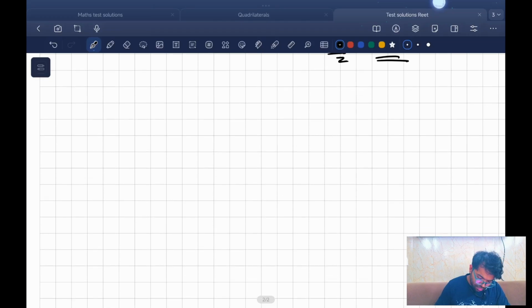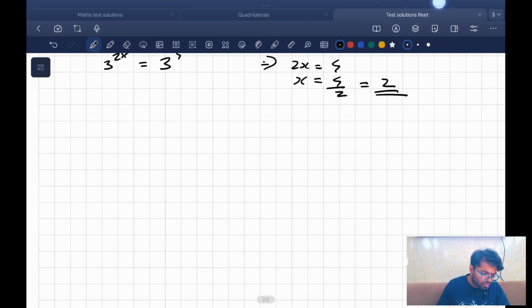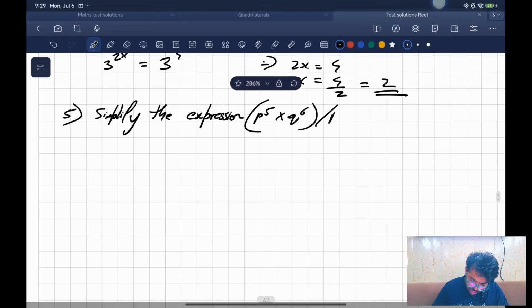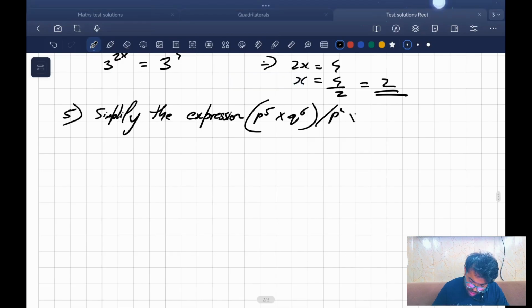Simplify the expression p to the power of 5 multiplied by q to the power of 6 upon p square multiplied by q cubed.